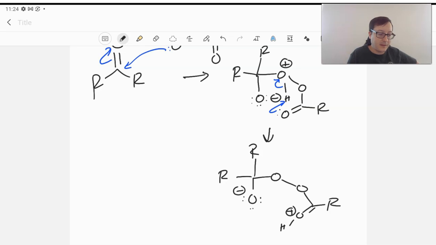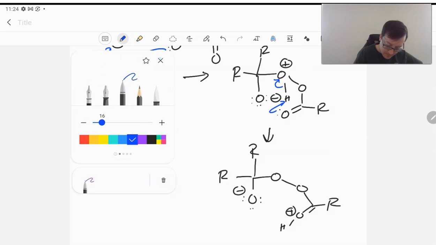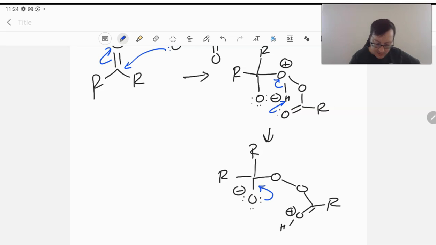So doing this, we're going to end up closing down our alkoxide. We don't necessarily have a leaving group per se, but what's going to happen is one of our R groups is not going to leave, but it's going to migrate onto the oxygen. And the O-O bond, which is particularly weak, will break. That's the driving force, by the way.